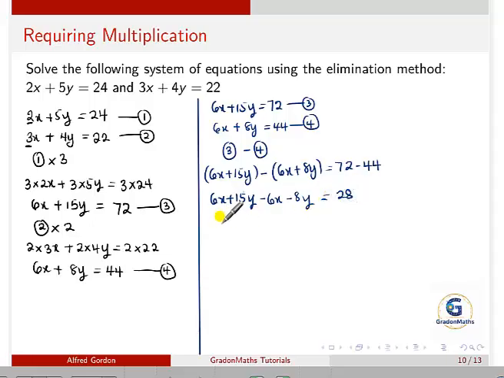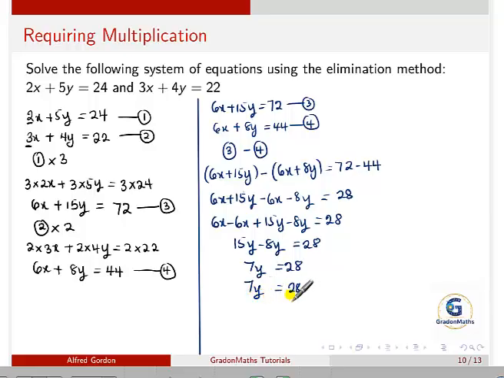We continue by grouping like terms. So we have 6x minus 6x plus 15y minus 8y is equal to 28. 6x minus 6x gives us 0, and then we have 15y minus 8y is equal to 28. 15 minus 8 gives us 7, so 7y is equal to 28.